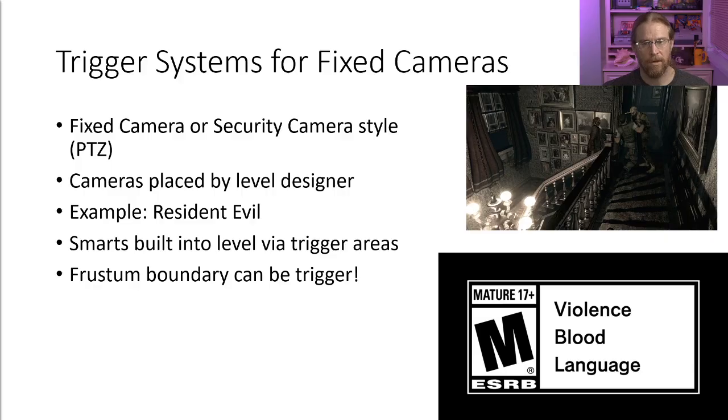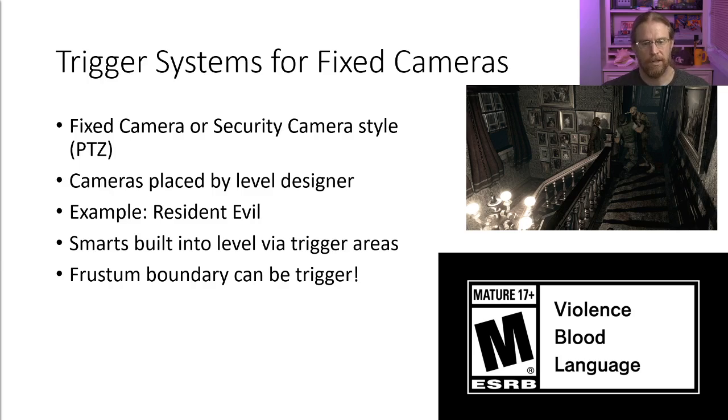Now you may also have the security camera style features, the pan, tilt, and zoom, employed as well. In terms of those trigger areas, you don't necessarily have to build it all into the game world.